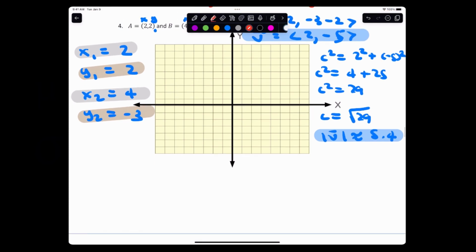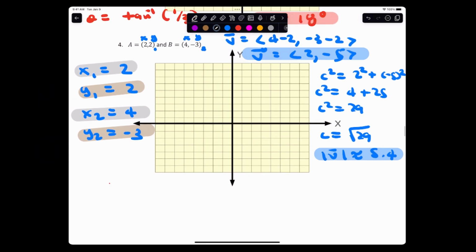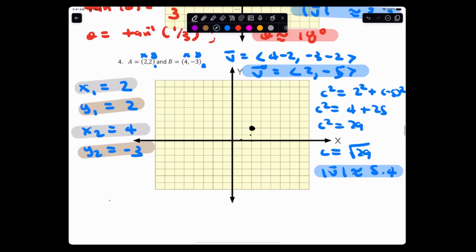What about the angle? Okay, let's get the angle here. Oh, we forgot to graph it. You guys know why it's important to graph? So you can get the angle, right? So here's point A. B is 4, negative 3. So you go 1, 2, 3, 4, and down 1, 2, 3.